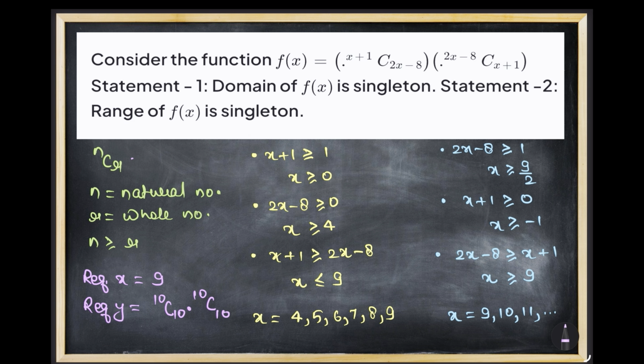If you have to break down this nCr now, you can write n factorial by r factorial times n minus r factorial. So it is 10 factorial by 10 factorial into 0 factorial, so it will become 1. So in the range also you will get only one thing all the time, that is 1. Hence the range is also a singleton set.